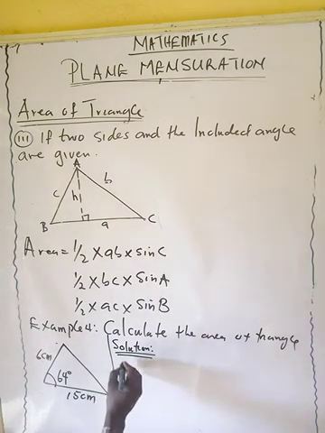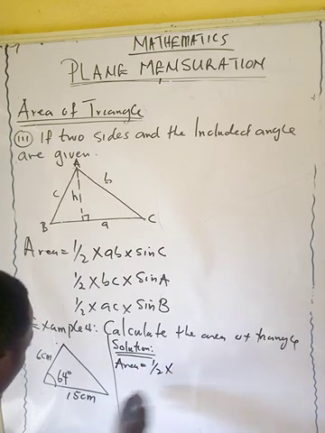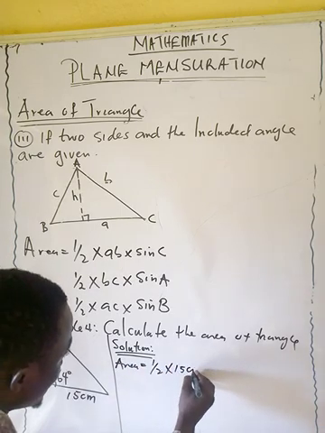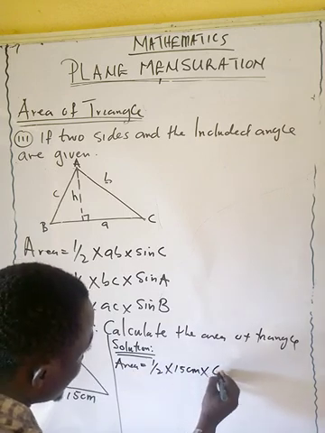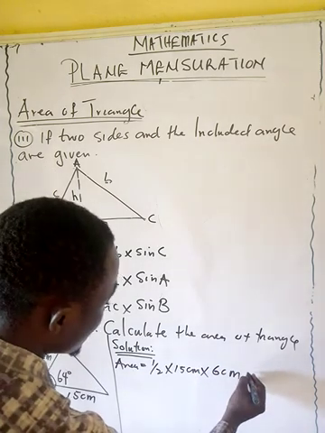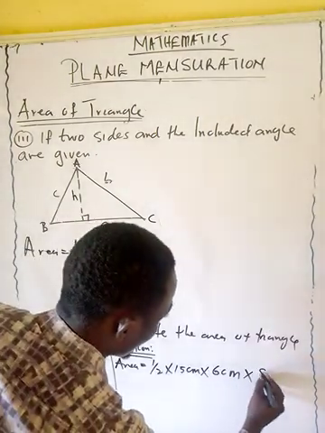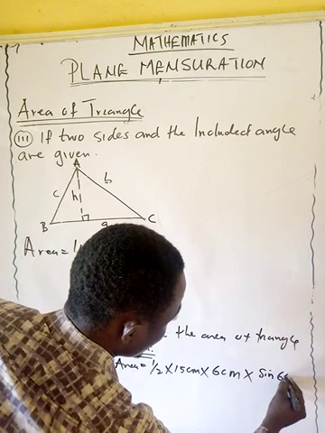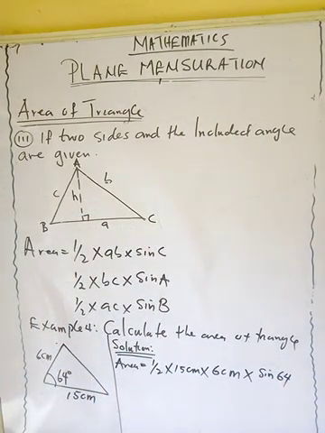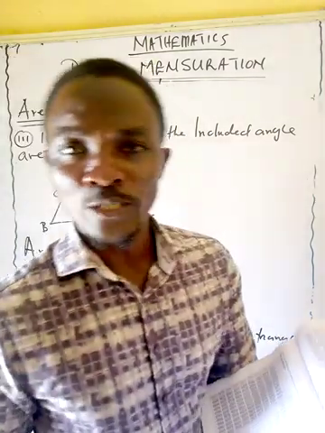To calculate the area, it will be half times 15 centimeter times 6 centimeter times sine 64. I will show you how to get your sine 64 if you are not using a calculator.